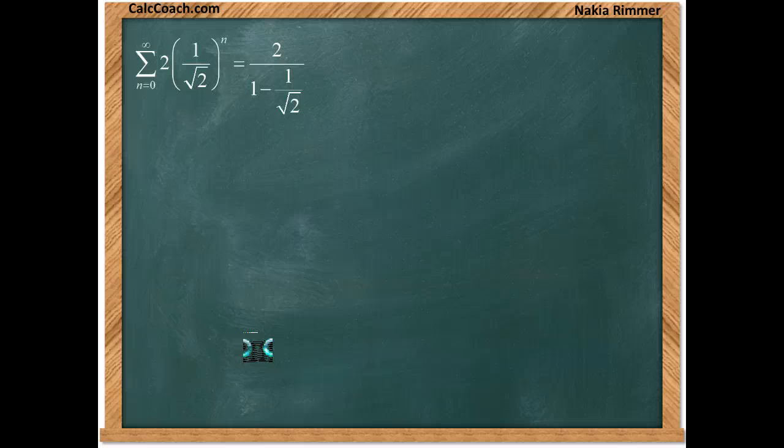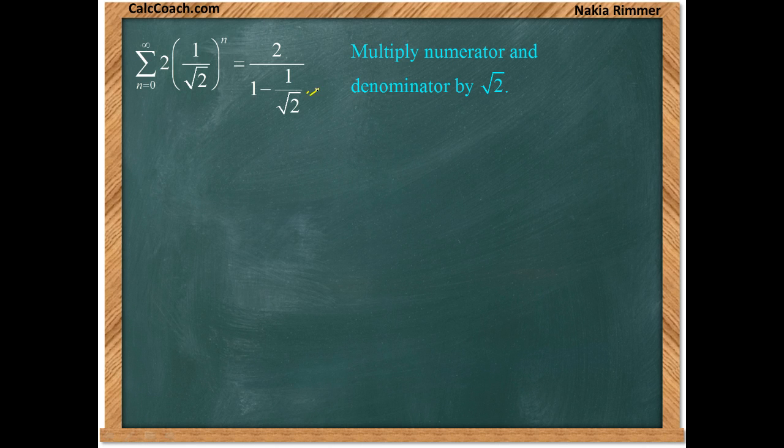So how can we simplify this? We can start out by multiplying numerator and denominator by root 2. What it'll do is clear out the root 2 that's in the denominator, and then we can see where we go from there.